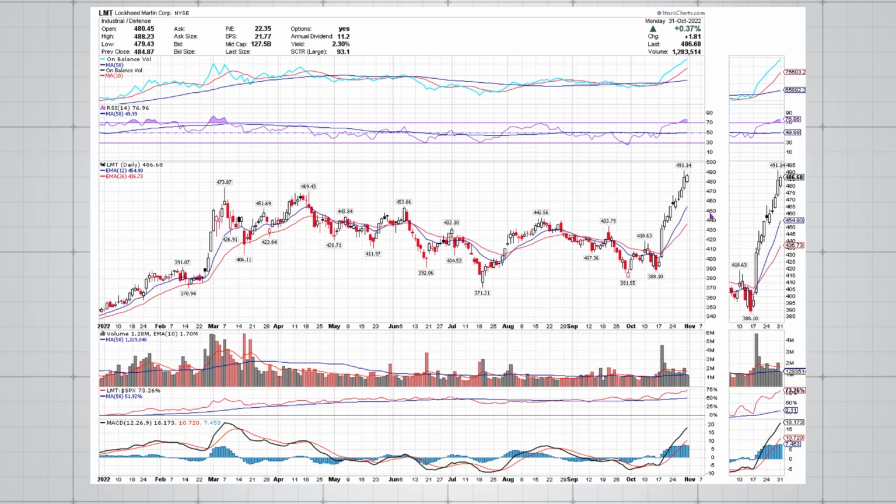Your thoughts, Professor? I want to look at this chart like bookends. If you go back and look at February, March, you can see that there's an accelerating run up in Lockheed Martin, and that is climactic in its nature. Thereafter, it goes into a range-bound situation that takes place from March all the way to October, November. And now we have this streak up that is occurring, which appears to be at the end of reaccumulation.